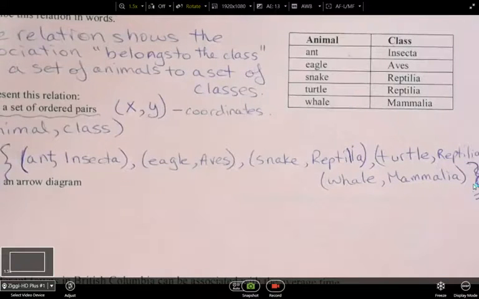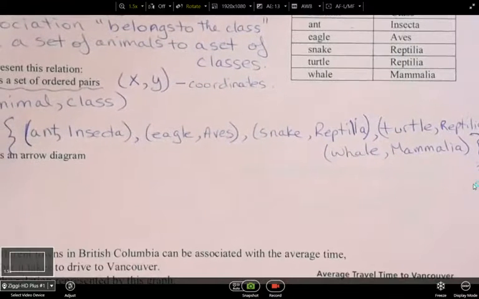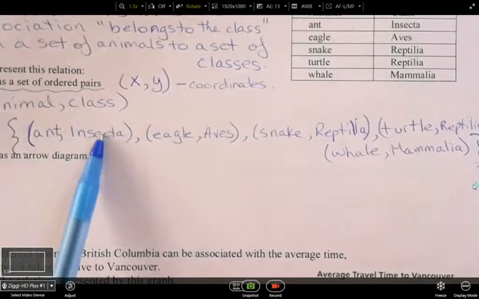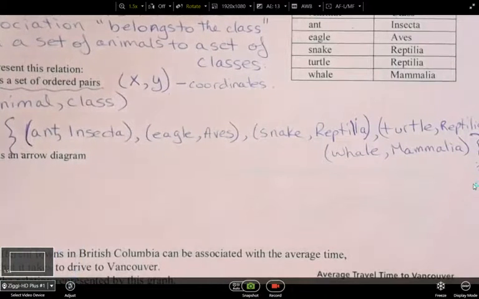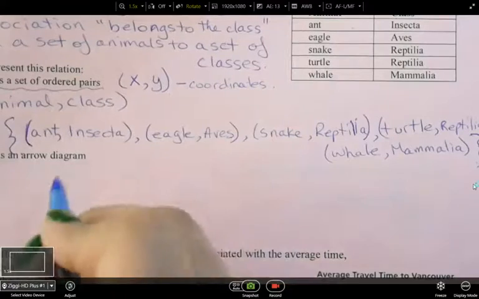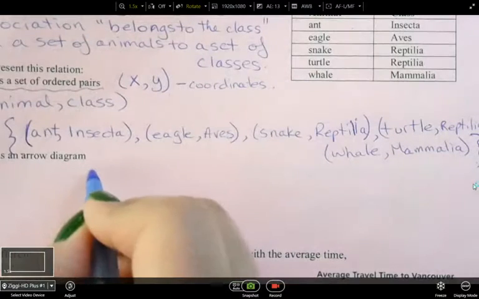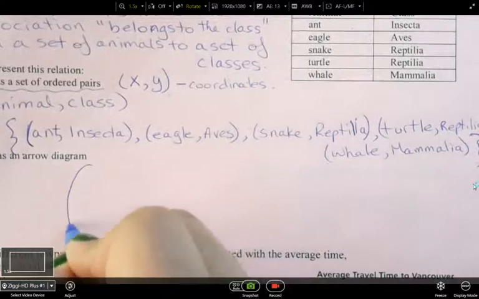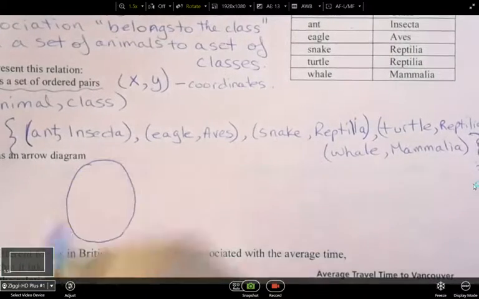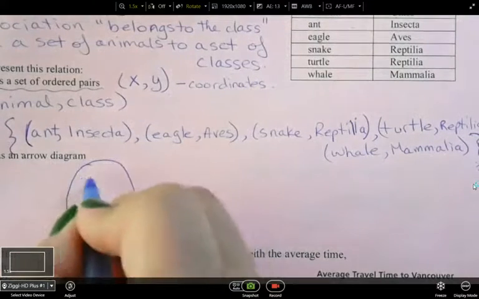All right. Now, an arrow diagram. An arrow diagram is something where you have two sets and you connect them together with arrows. So if they are a coordinate point like this, then we want to connect that together as arrows. So first what I'm going to do is I'm going to have an oval here, and I'm going to write in all of the words.